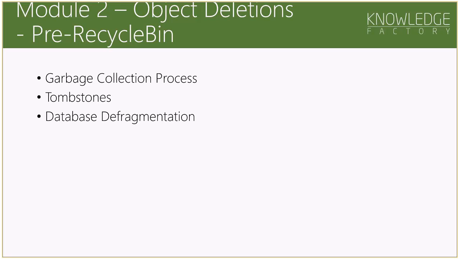So, garbage collection and linked attributes. When an object that has a linked attribute is deleted, although the object itself becomes a tombstone, the referent object does not reference the tombstone of the deleted object. Instead, the link is simply deleted from the database.